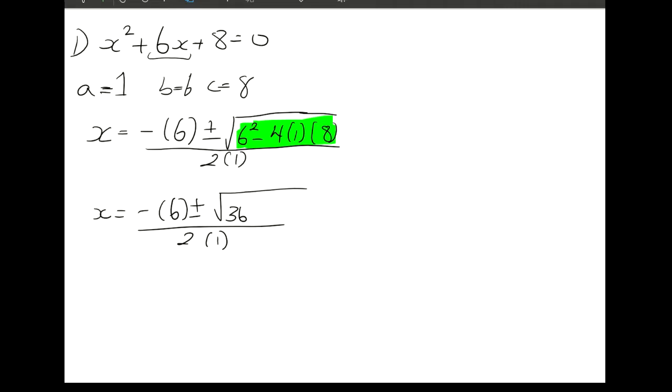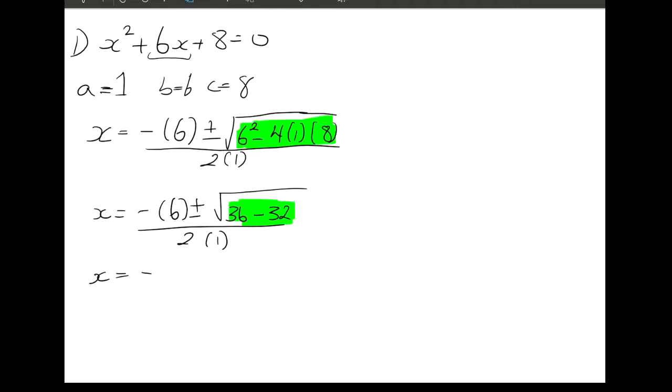And 4 by 1 by 8: 4 ones are 4, and 4 by 8 is 32, so minus 32. 36 minus 32 gives you 4.